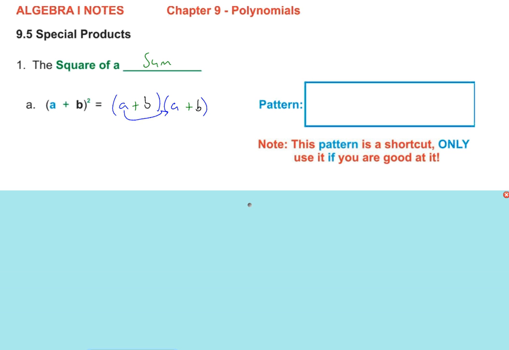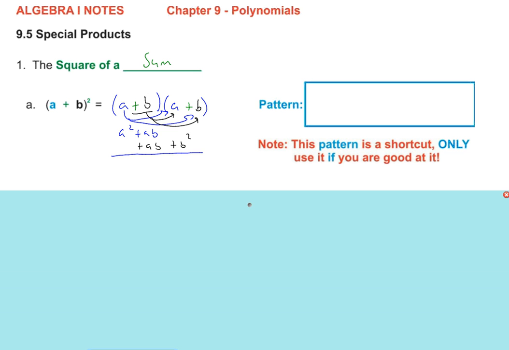So we all know a times a is a squared. As we continue to distribute the front a, we do a times b is a positive ab. Now watch, when I distribute this positive b times an a, I'm going to put the variables in order, so you get ba, but that's an ab, right? And in the back, a positive b times a positive b is a positive b squared.